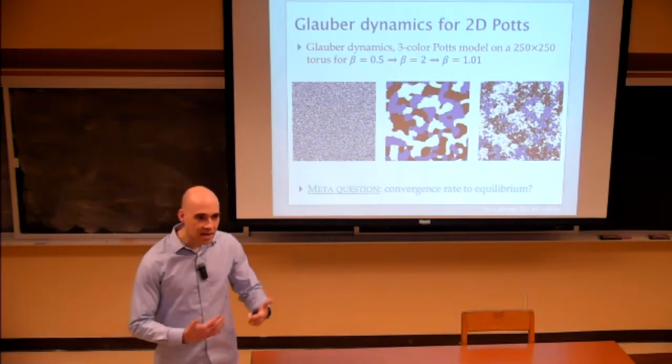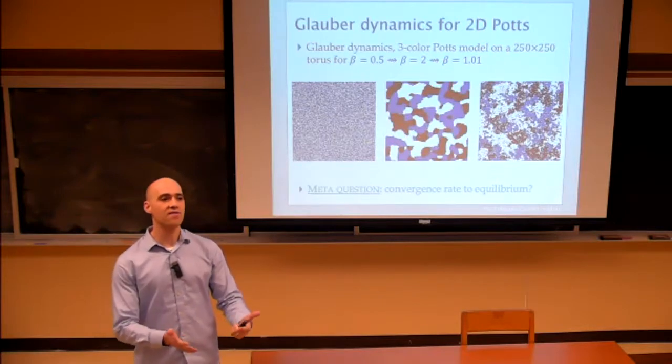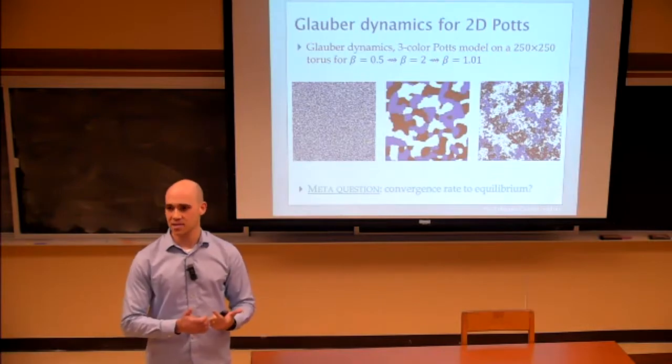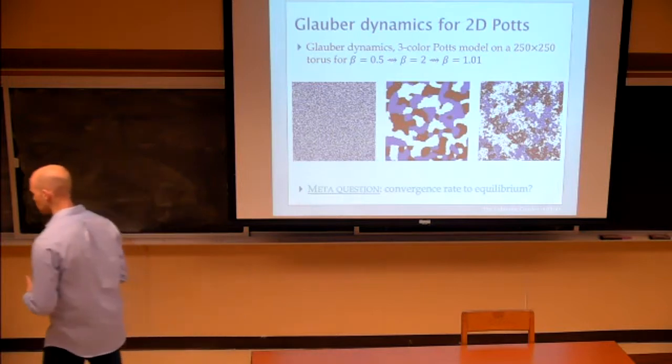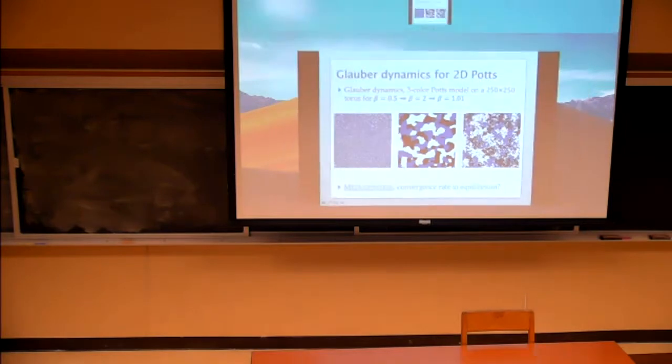We want to understand short time scales and what it behaves like if we start from specific starting states. Okay, so the dynamics itself is something that we wish to understand.